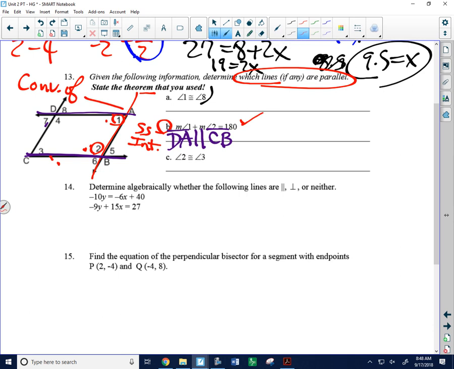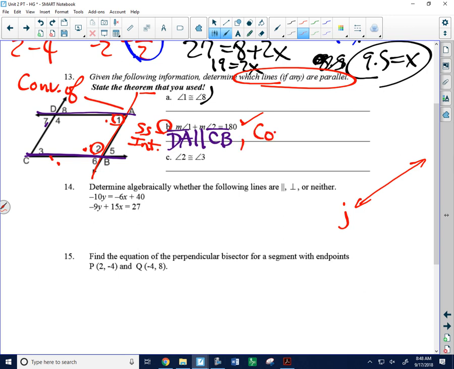Note that here there wasn't a lowercase letter J naming it line J, but there are other ways to name lines with 2 points. So AD and CD. Don't forget that.